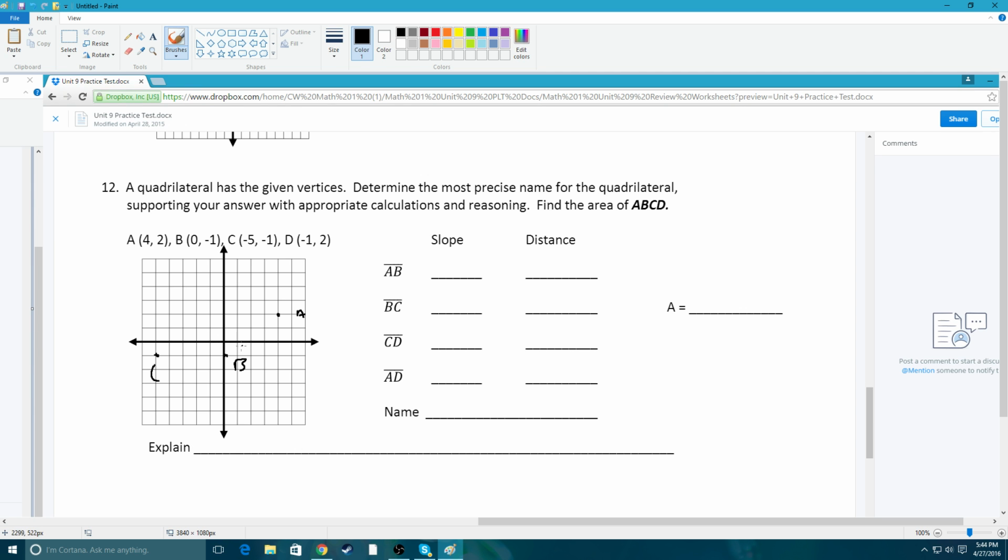Must have counted wrong somewhere. -1, -1, +2. Okay. There's D. Straight line to connect our points.